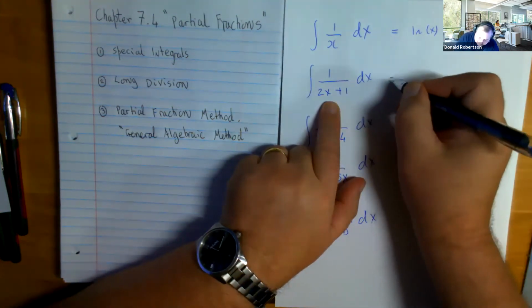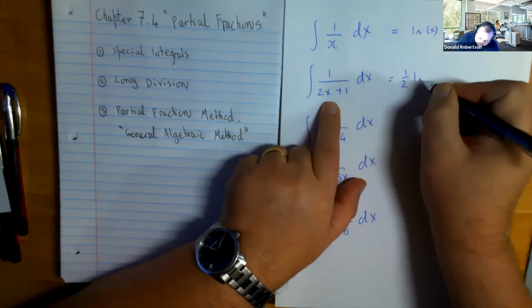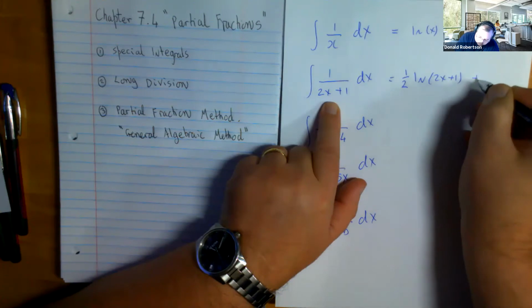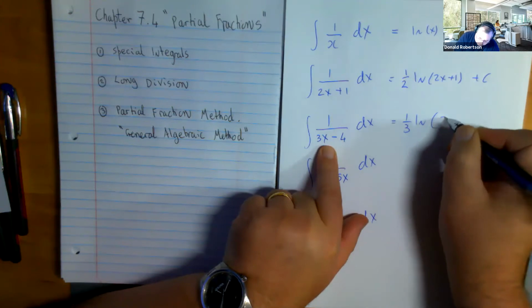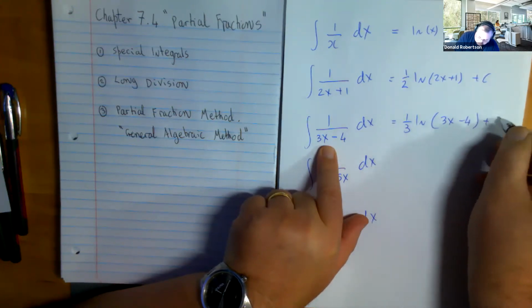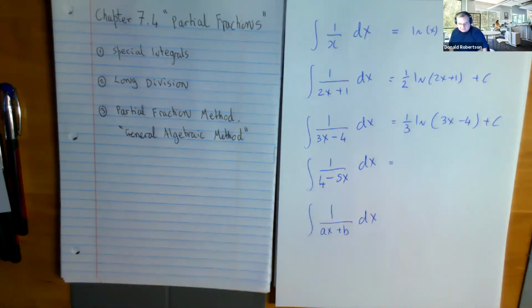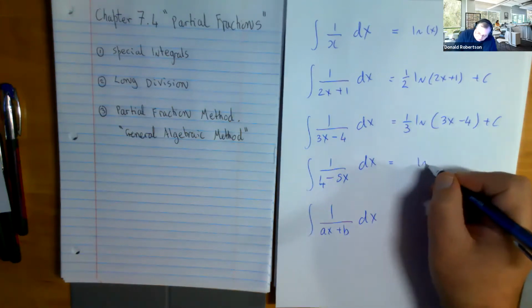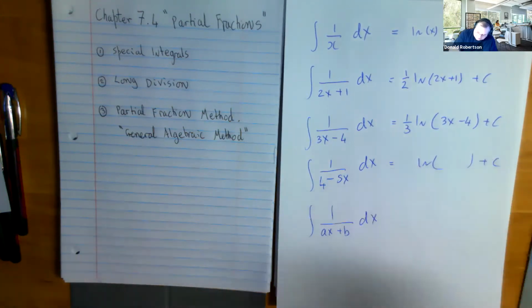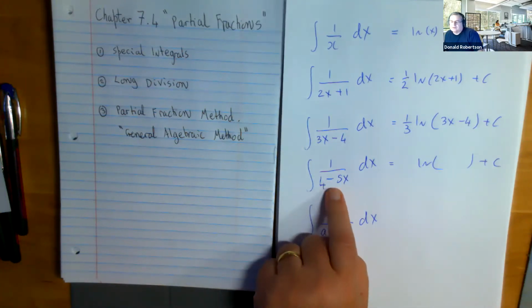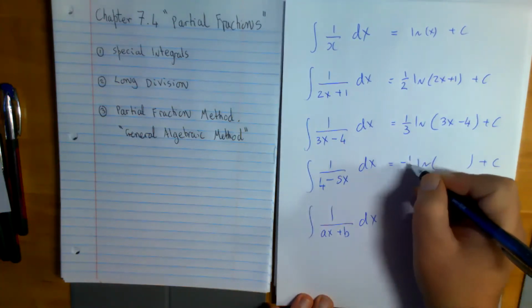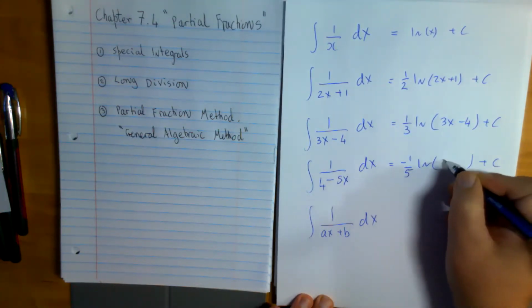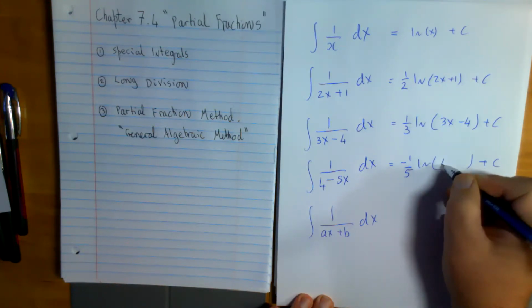This guy here, right? This one is 1/2 the natural log of 2x plus 1. This one is 1/3 the natural log of 3x take away 4. This fella, want to have a guess at what he would be? Negative 1/5 the natural log of 4 minus 5x.